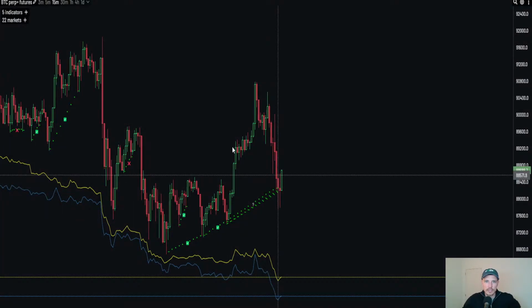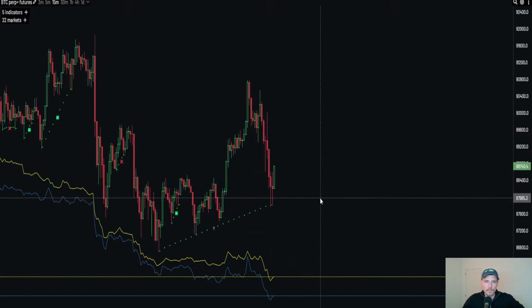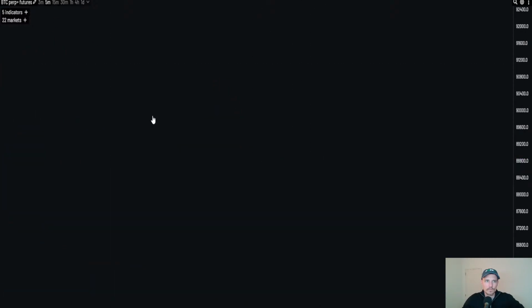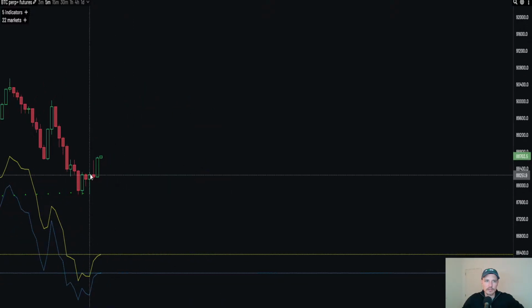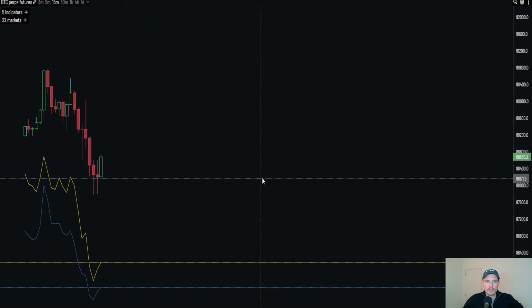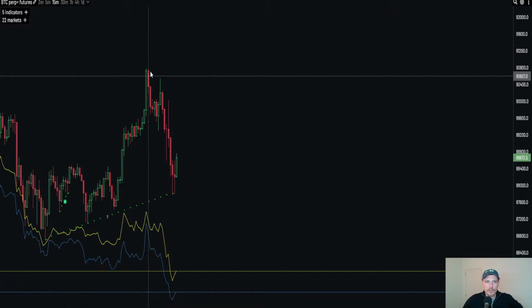How are the CVDs doing? I would prefer to see new CVDs here, by the way. If price wants to move up, then I would like to see new CVD divergences, and not the existing ones on a 50-minute time frame. We already had bullish CVDs playing out here twice with this move up.